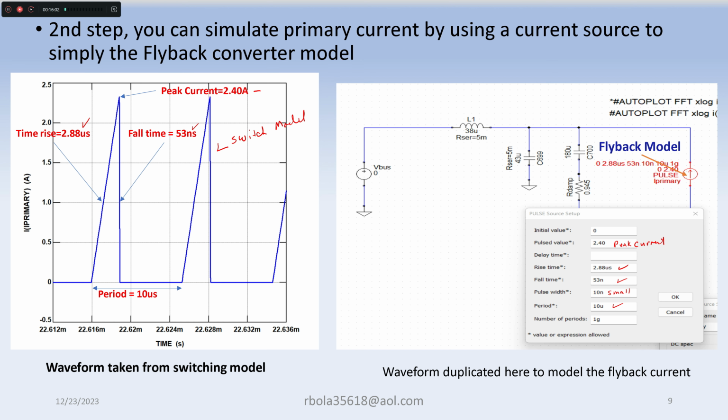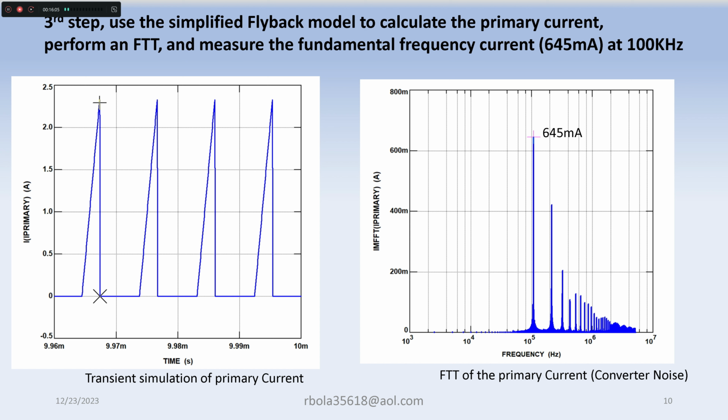Once you have that, you want to do an FFT of your waveform. You want to look at the spectrum, and specifically what you want to know is, at 100 kilohertz, what the fundamental current is. In this case, this sawtooth waveform, its fundamental is basically 465 milliamps of current.